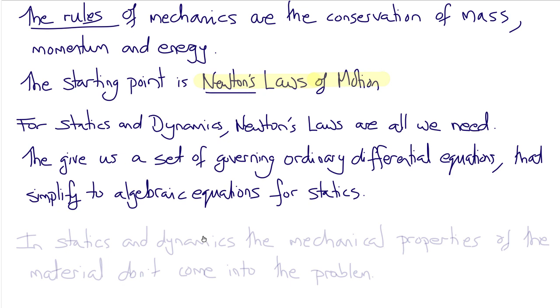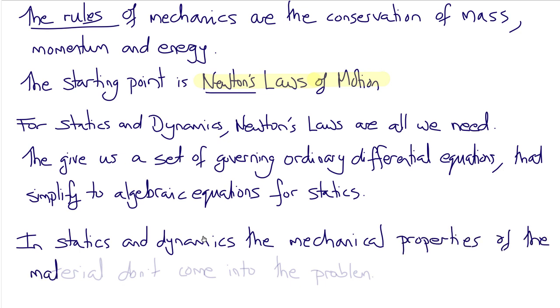But in statics and dynamics, the mechanical properties of the material don't come into the problem. All we need is the distributions of forces and the geometry of the body, which we frequently reduce just to points such as centers of mass.